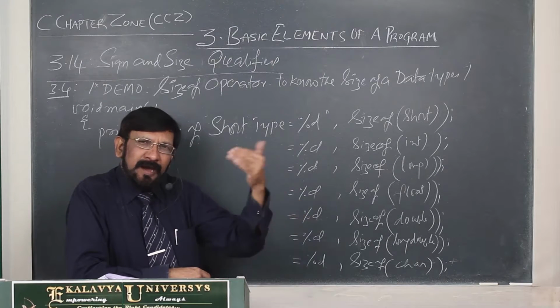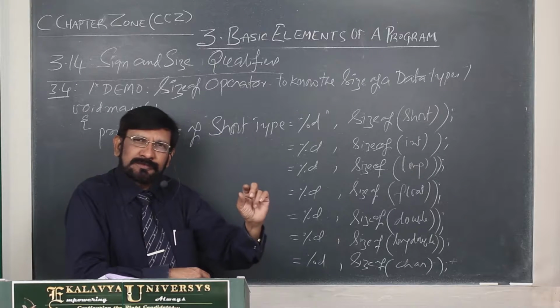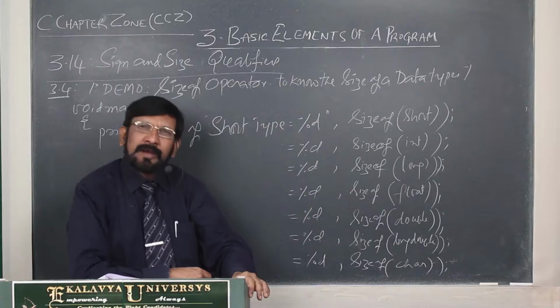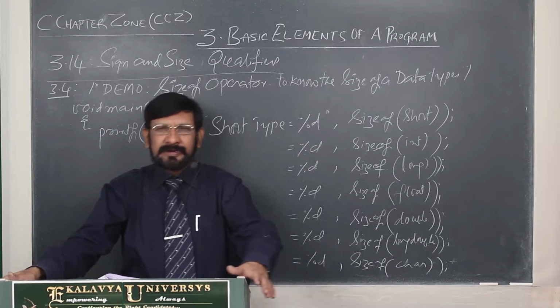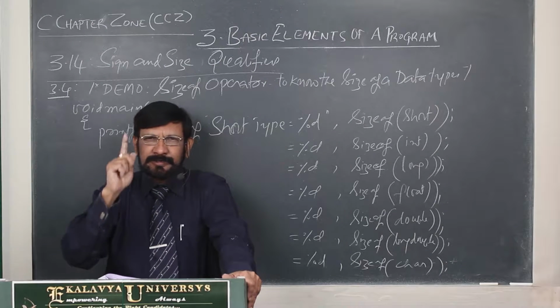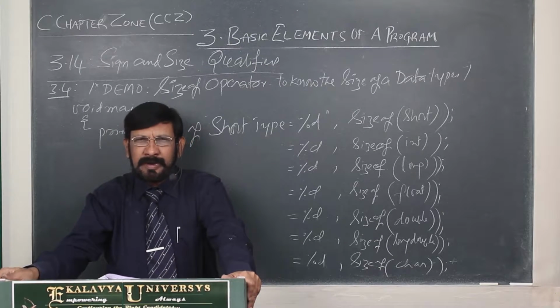If it is made unsigned, we must use the qualifier explicitly. We should write it; by default it is not applicable. Unsigned int means no minus is applicable, and its range starts from 0 and the maximum range is 65,535.